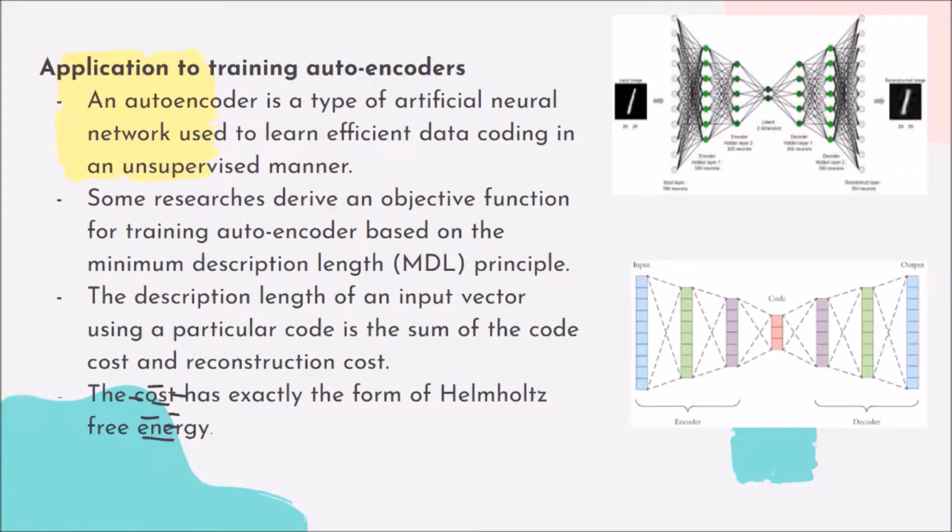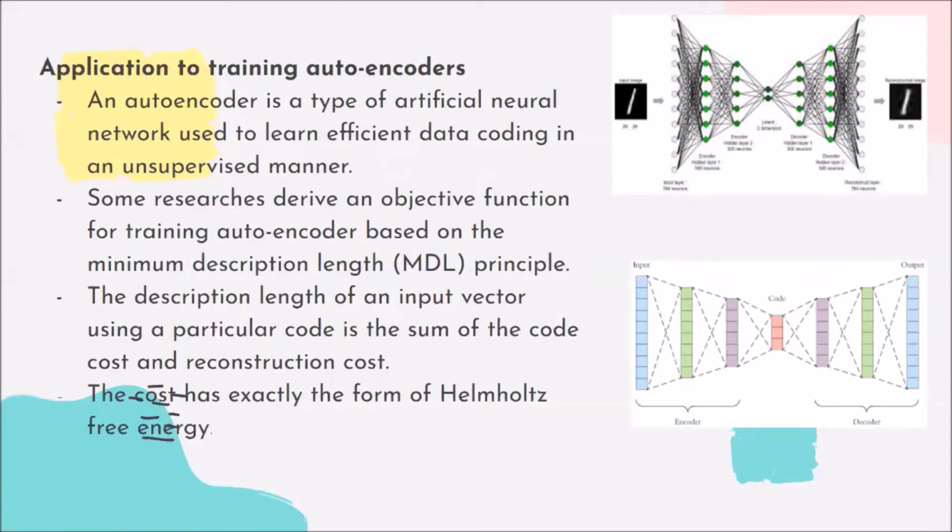Along with the reduction side, a reconstruction side is learned, where the autoencoder tries to generate from the reduced encoding a representation as close as possible to the original input. Several variants exist to the basic model, with the aim of forcing the learned representation of the input to assume useful properties.